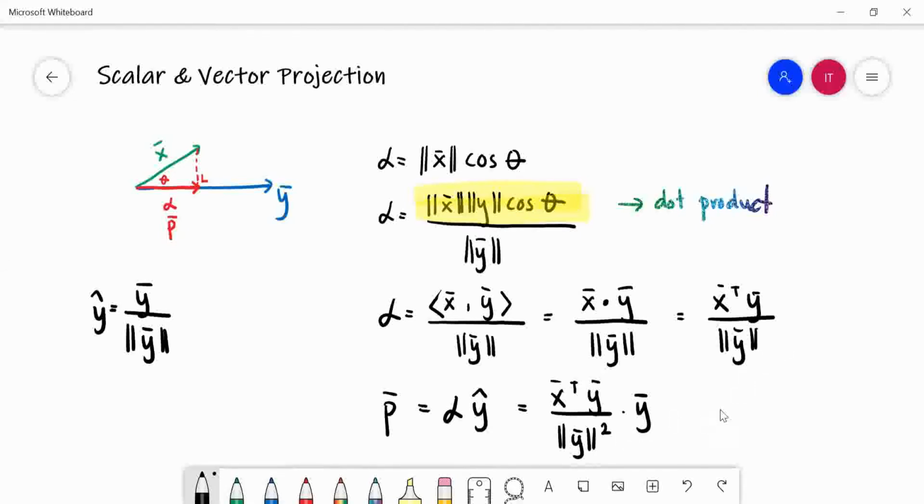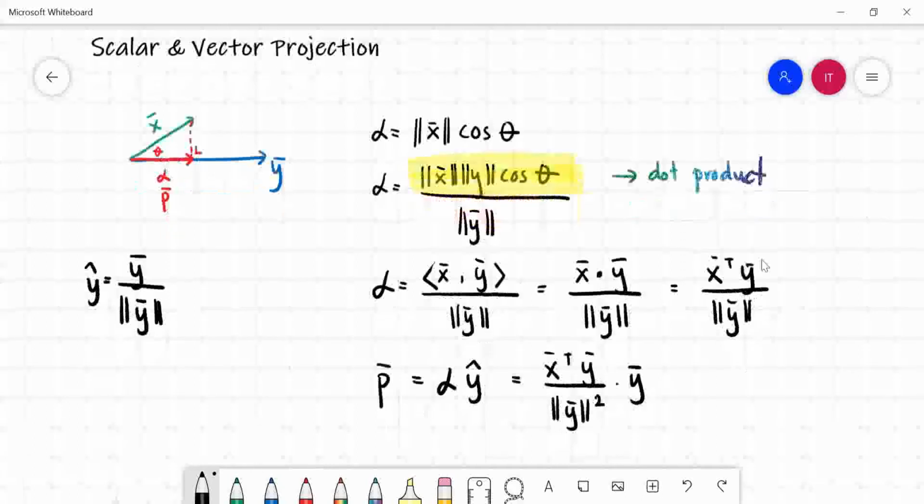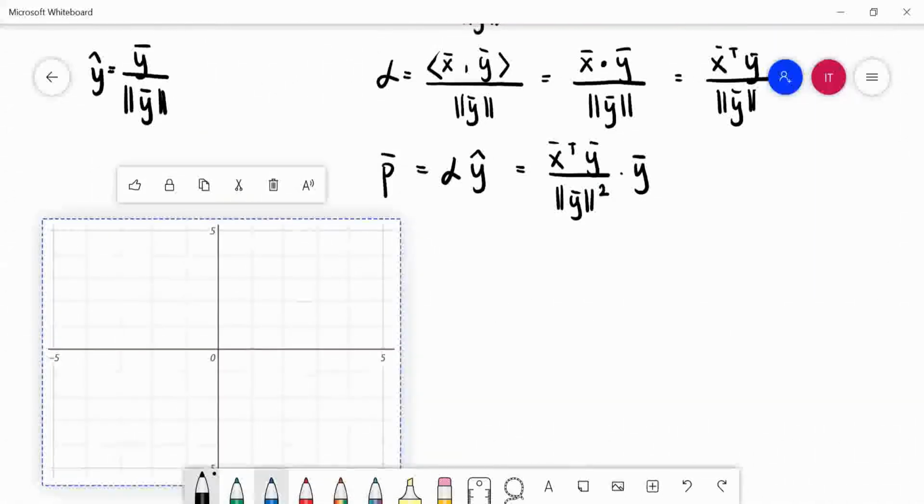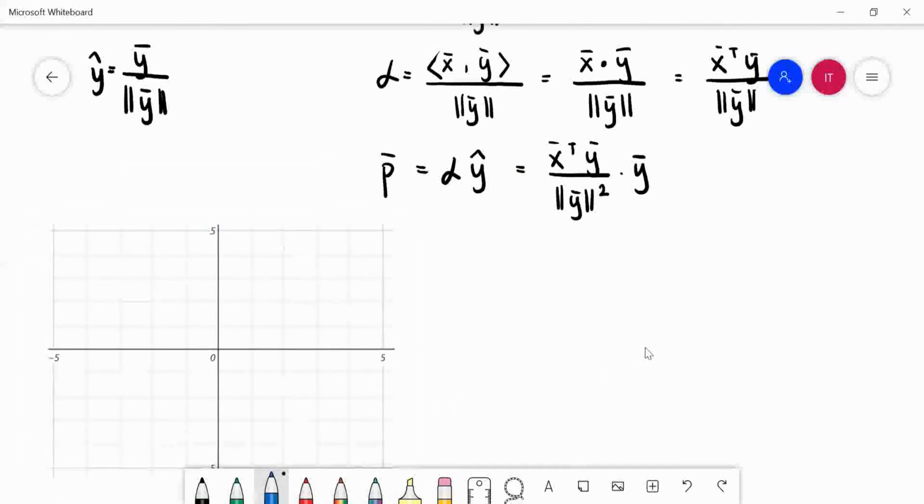Now, using these two equations, I will give you an example. For example, we have two vectors, v, which in this case is 2, 1. So here is 2 and this is 1.